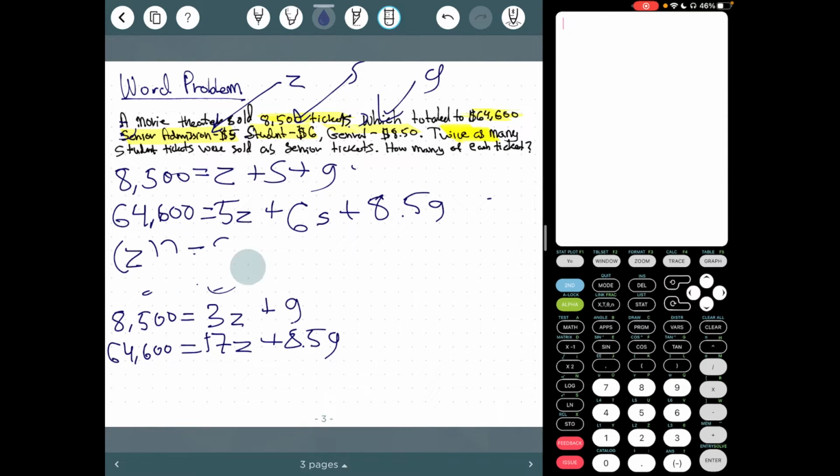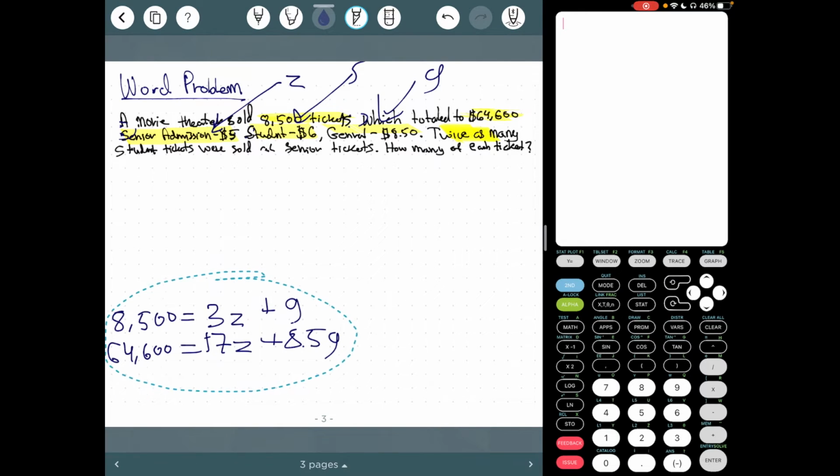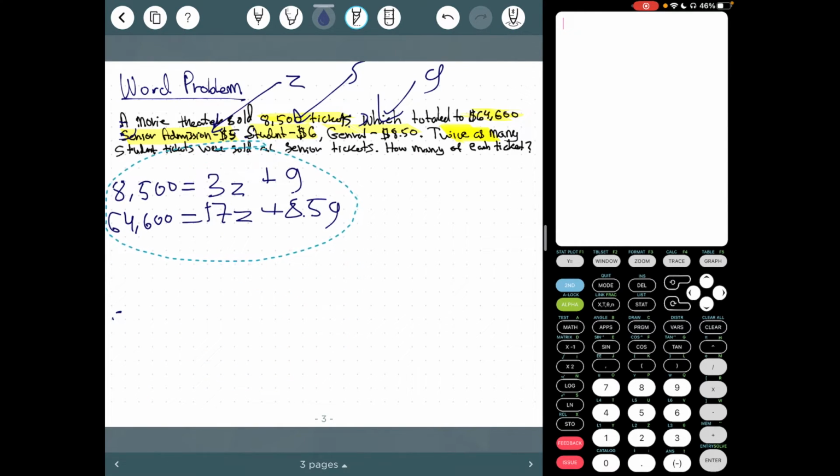So we can get rid of these up here since we have brought it down to the last two equations. So we can move this up here. To solve this, to stick with the elimination method, we can multiply the top equation by 8.5.